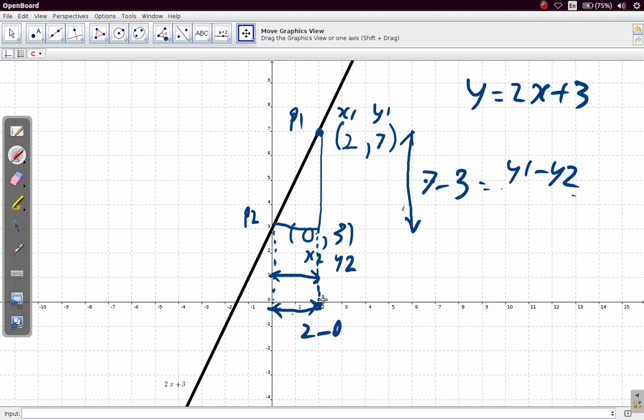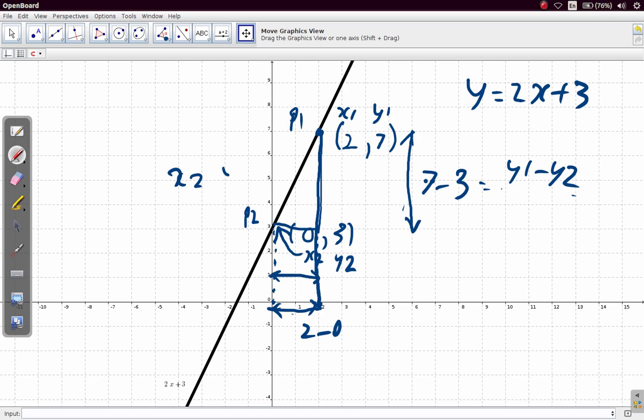Right here, x is 2, and right here, x is 0. Now the x2 and y2 are applied to this point here. Now, the 2 is right below x1. You can see that. 2 is falling right below x1.